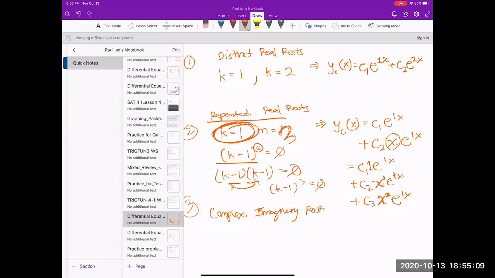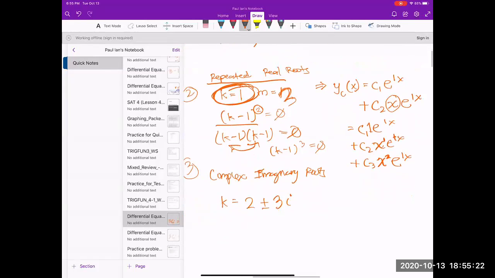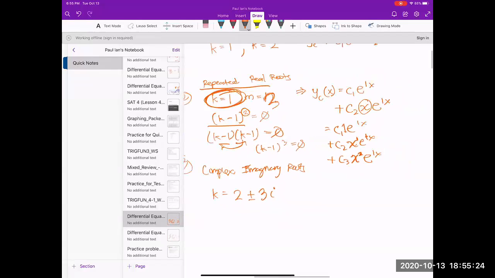And then the complex one, the one that we just saw: complex conjugate, imaginary roots. This is the form where, what if your k was 2 plus or minus 3i? Those are the roots of your characteristic equation. Then this is the form of your homogeneous or complementary solution.